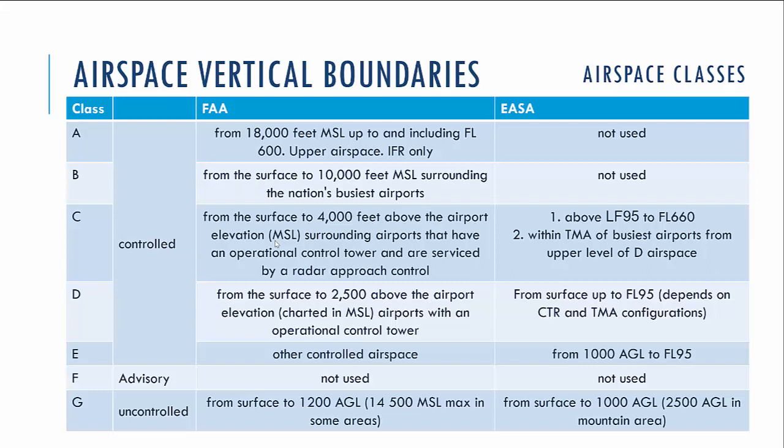For example, in Europe there are no classes A and B used, and for class C there is a slightly different designation between those authorities, and different vertical boundaries. And also, as we mentioned before, class F is not used by either administration, and the vertical boundaries of uncontrolled airspace G are a little bit different in FAA and EASA zones.